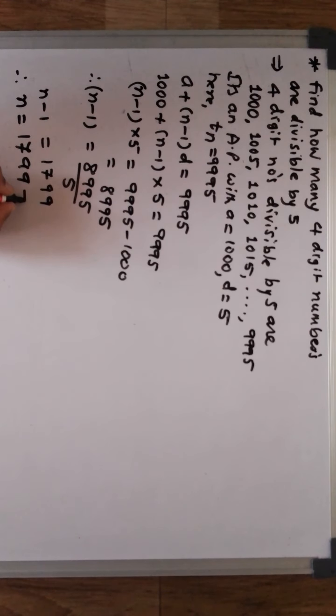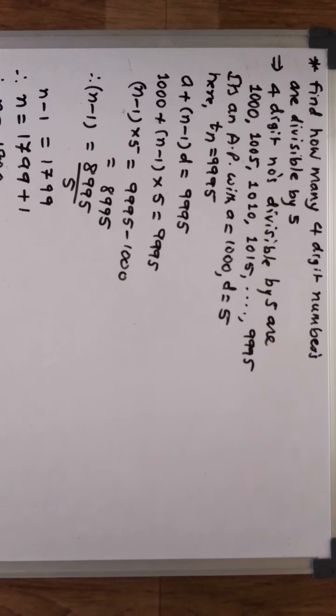1799 plus 1, so your n is equal to 1800. Okay.